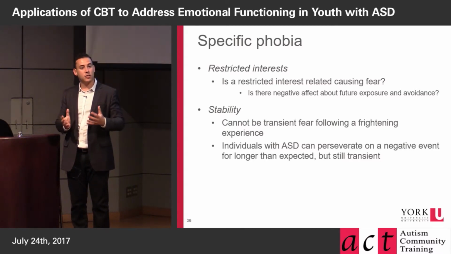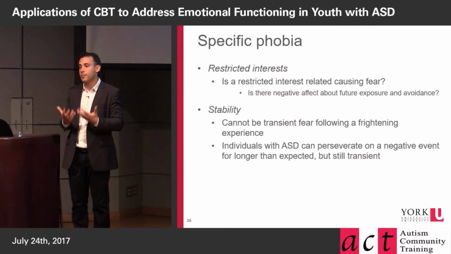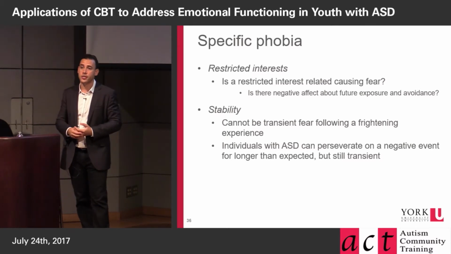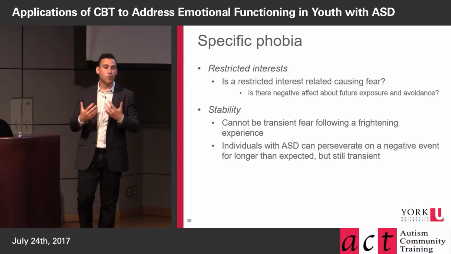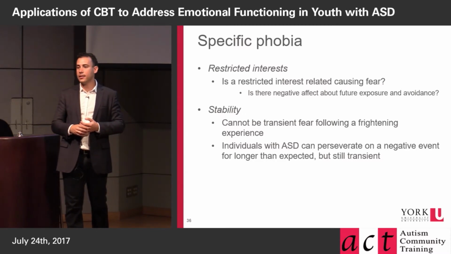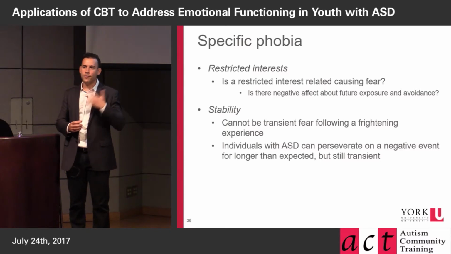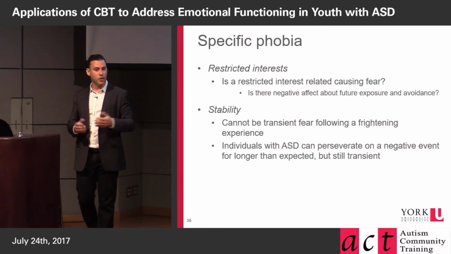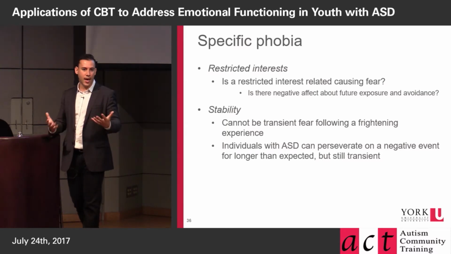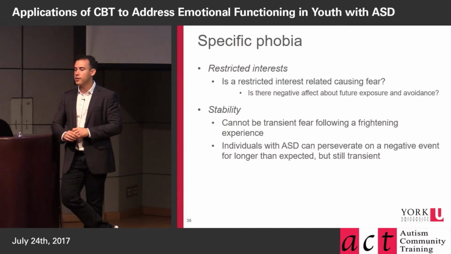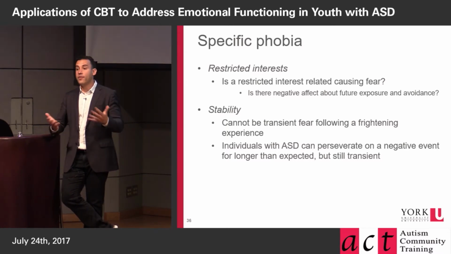So when you're talking to parents and you want to learn more about specific phobias, you say, have they recently been really afraid, more than what might be usual even for Billy, right? Because we want to know baseline. Have they been really afraid of any kind of animals? Oh yes, for sure. And you want to ask, how long have they been doing that for?